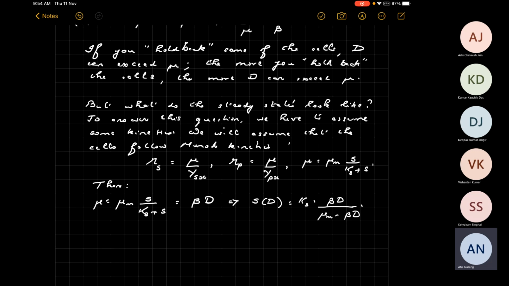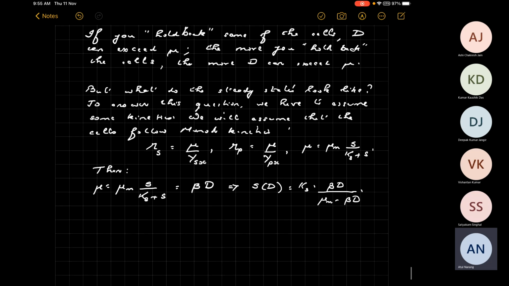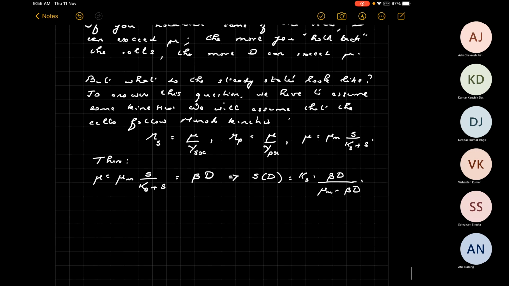The formula for the recycle reactor is right here, and the formula for the chemostat is this one here. Anyone? So it will be lesser for the recycle. And why? Because the factor beta is here and beta is lesser than 1.